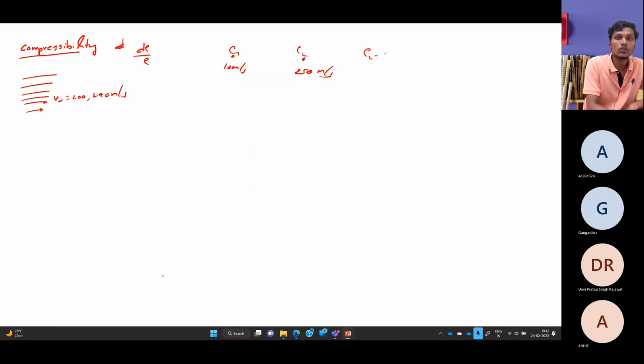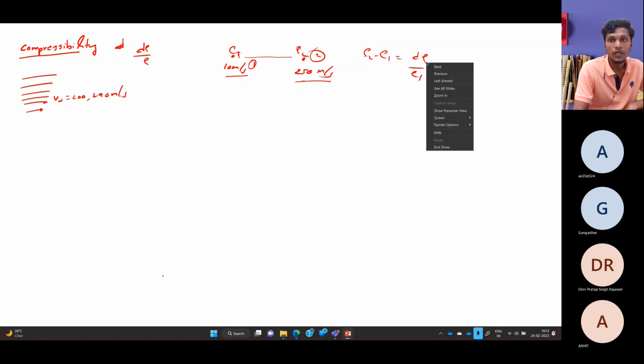Remember, the initial velocity is very low, 10 meters per second, and you accelerate up to 250 meters per second. So the change in density is rho 2 minus rho 1, that is d rho, divided by the initial density rho 1.